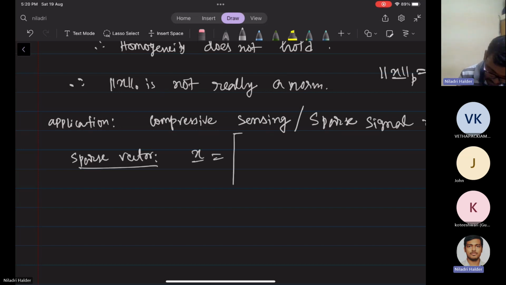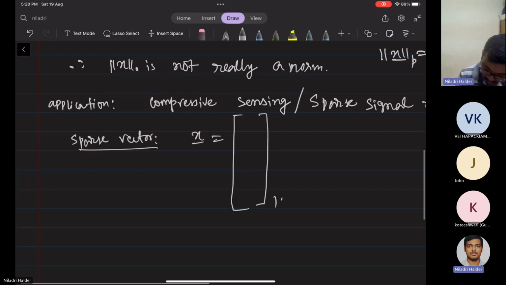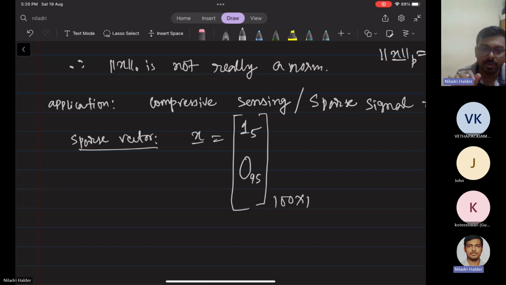Suppose there is a 100 cross 1 vector. Out of this 100 cross 1 vector, suppose 95 are zeros, and five are non-zero elements. So this is a sparse vector, because only five are non-zero elements.